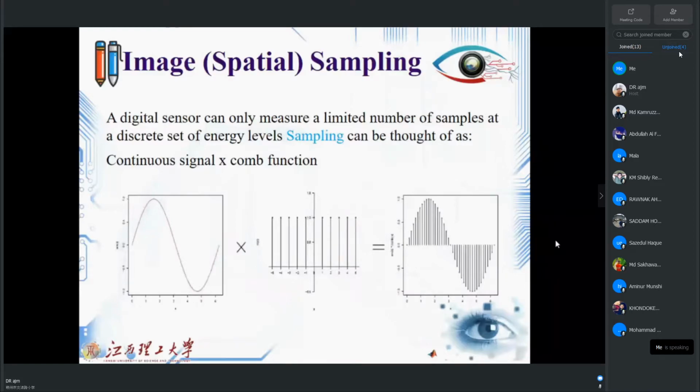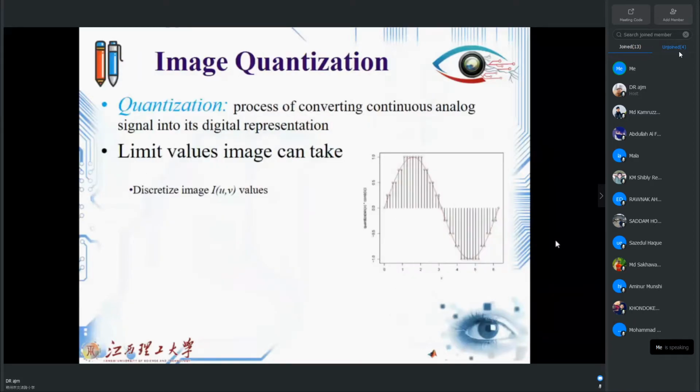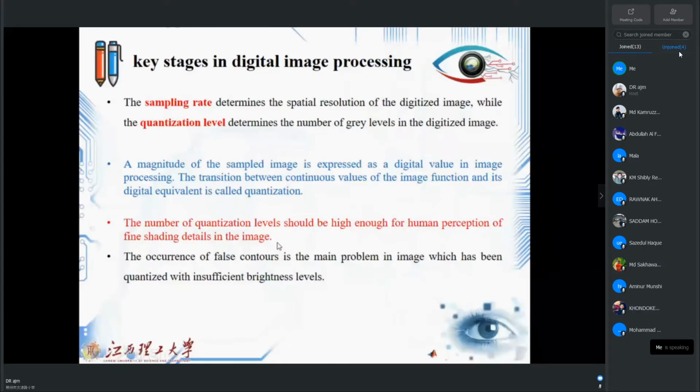Then what is quantization? Quantization is the process of converting a continuous analog signal into its digital representation. But see that we have some limited values, and maybe we should have some technique to come back to the main figure that we have. If we think about sampling and quantization, we have two terms.